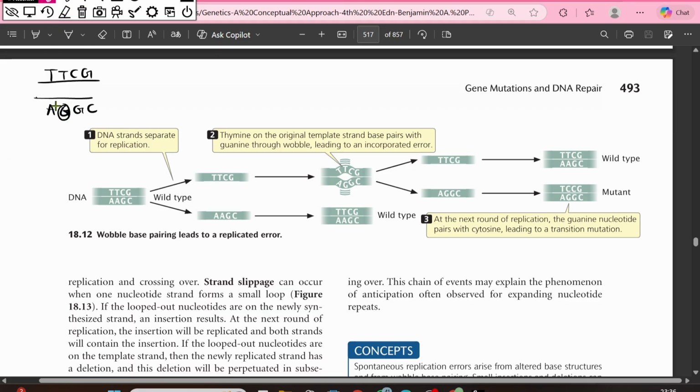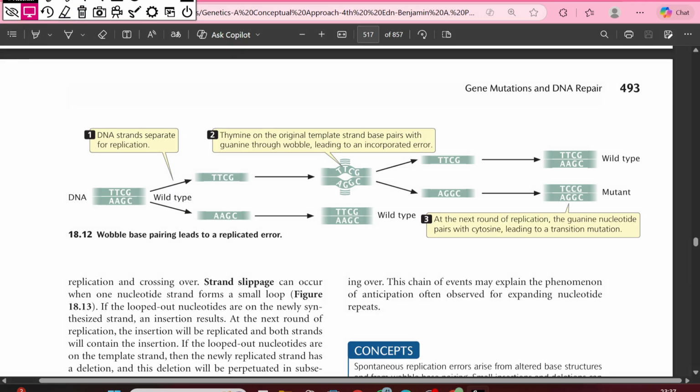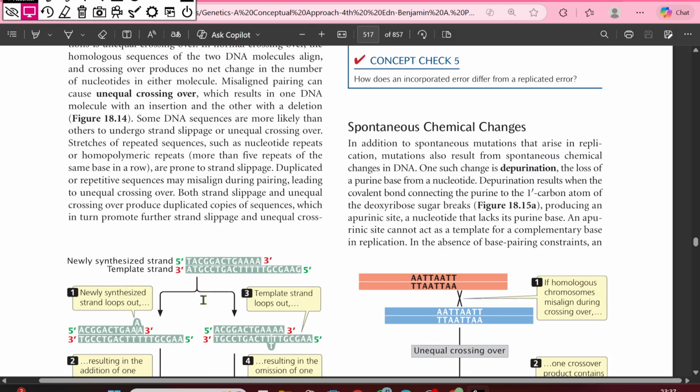Now we know that this G is incorrect, but supposedly now they separate and both of them act as a parental strand, TTCG. So here it will form AAGC, and here this is AGGC, which is incorrect. Now this will form TCCG, but this TCCG is very correct, because according to it, it is correct only, no? That time this is what we call a transition mutation, and we say that the mutation is fixed permanently. So this can also be one of the spontaneous mutations which can occur.